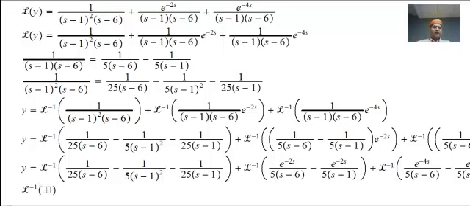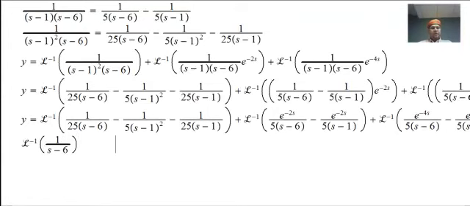So when I look at this, remember we know that the Laplace of e to the alpha t is what? 1 over s minus who?